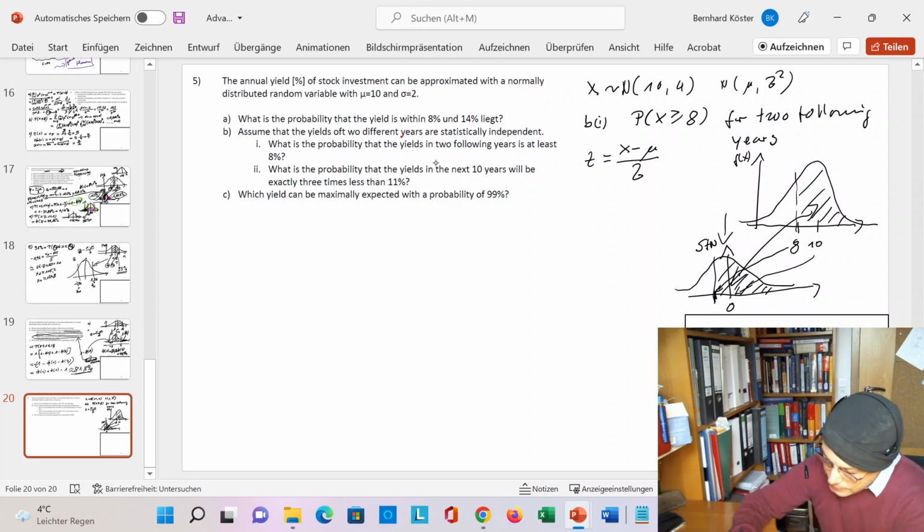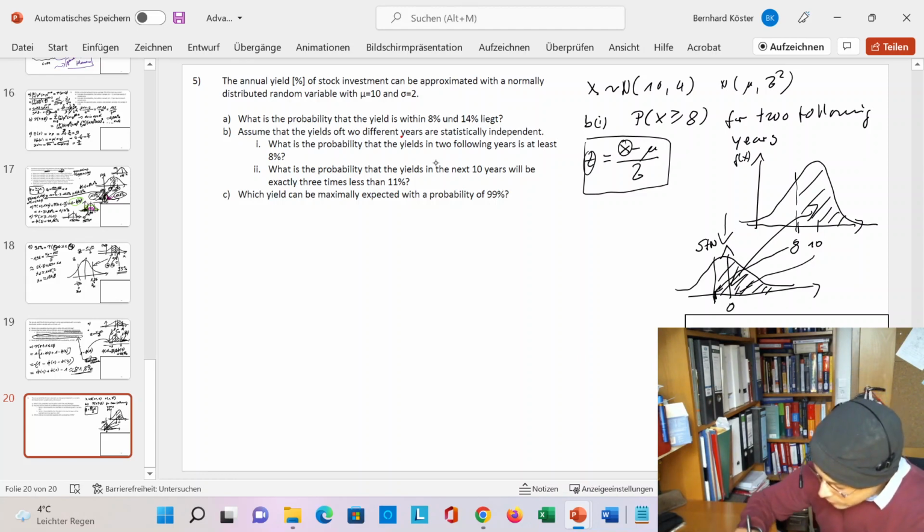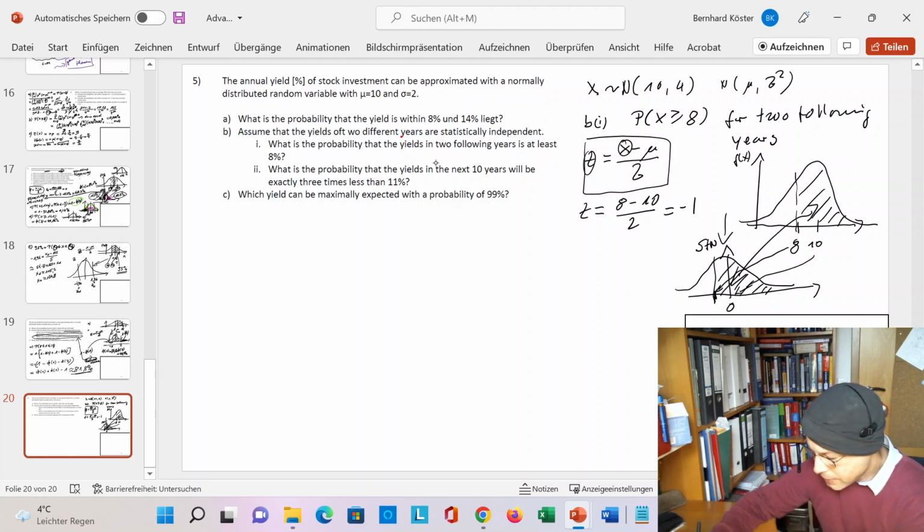The standard transformation is just given by z, this is the value we are interested in, and this is the value from our random variable. It is -1, great, because 8 minus 10 over 2 is, of course, -1.